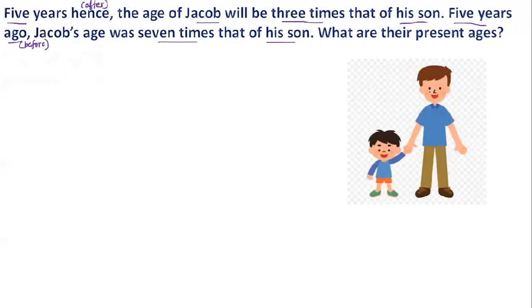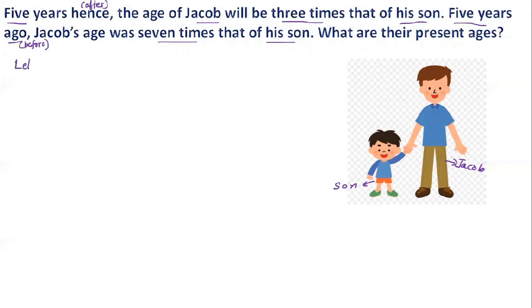See Jacob and his son here. We don't know the age of Jacob and his son. So we can take their ages as any variable. You can take age of Jacob as x and age of son as y, or age of son as x, age of Jacob as y.